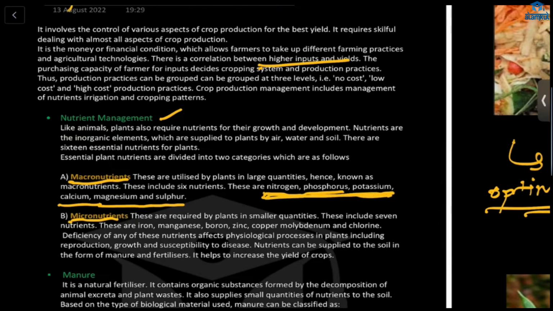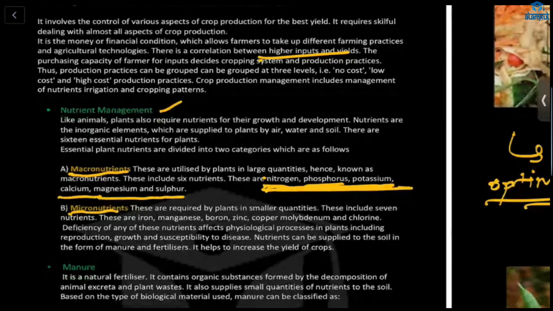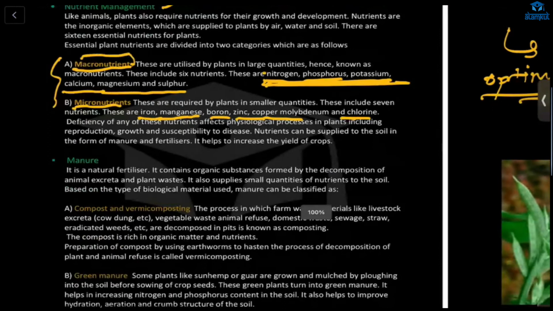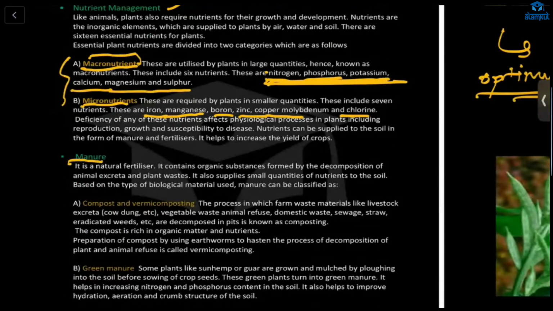These elements are macronutrients, required by plants in large quantity. And next we have micronutrients. These are required by plants in smaller quantity, and they are iron, manganese, boron, zinc, copper, molybdenum, and chlorine. Any deficiency of these will cause disease in plants. Okay. Next we have manure. What is manure?